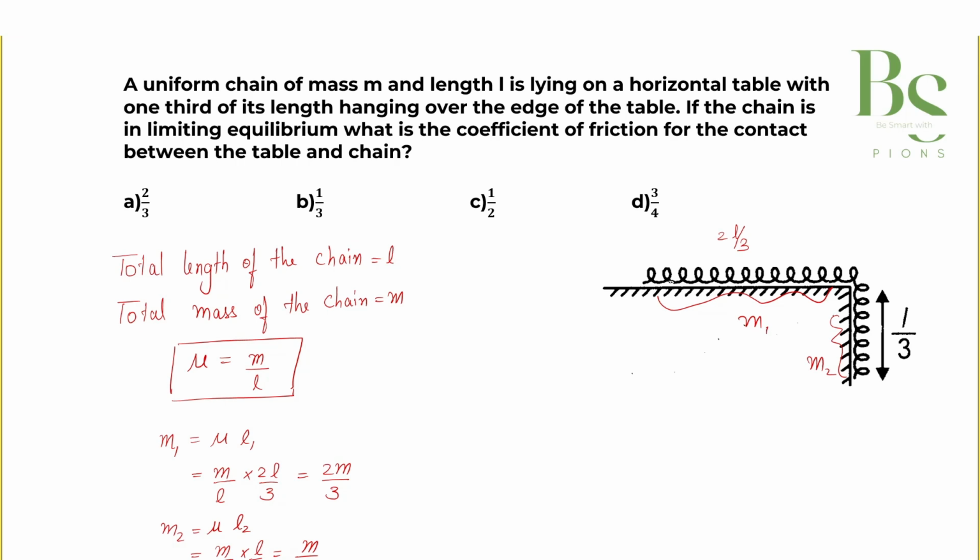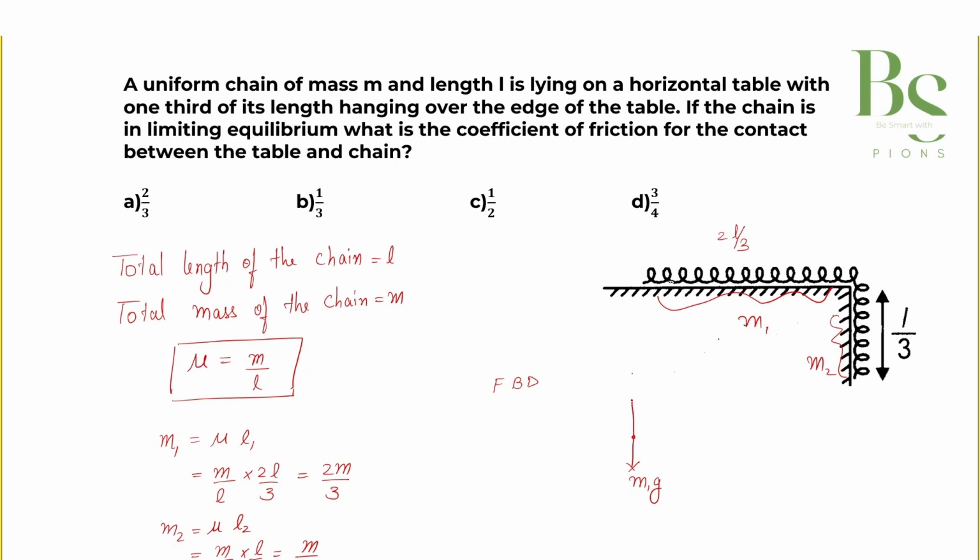Now let's draw the FBD, free body diagram, of the upper half, which is placed on the top. Downward, the weight M1g is acting on this mass, where M1 is 2M by 3; we will substitute later on.